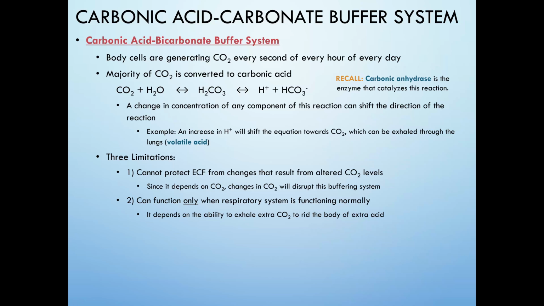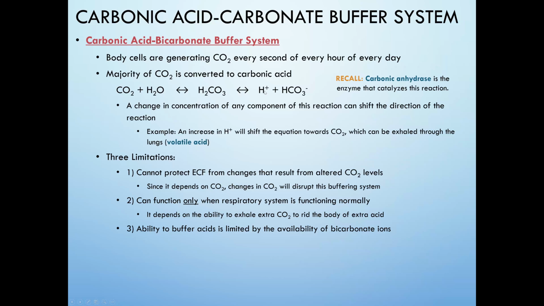And number 3, its ability to buffer acids is limited by the availability of bicarbonate ions. So when the equation does shift to the left and you take the hydrogen ions from the solution to make carbonic acid, that requires that you have a bicarbonate ion to attach to them. So it does depend on the availability of bicarbonate.